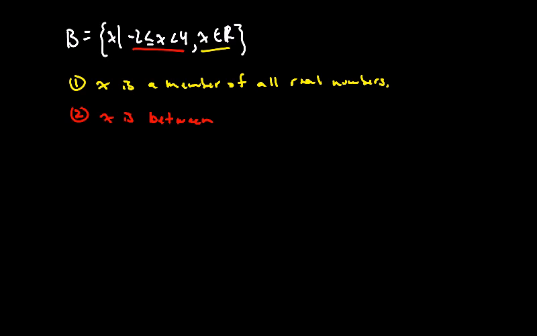So X is between -2 and 4, including -2. And then the other piece we learned a minute ago is this thing. So this reads X such that.